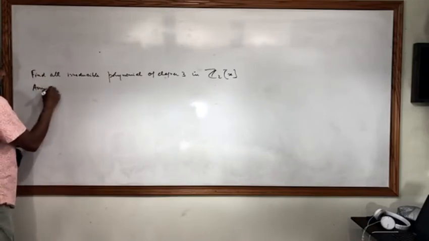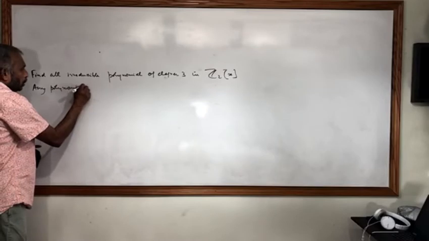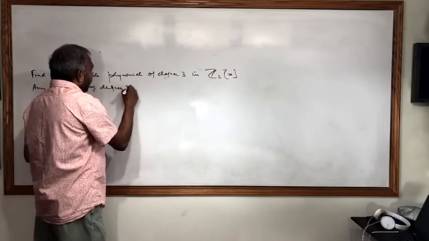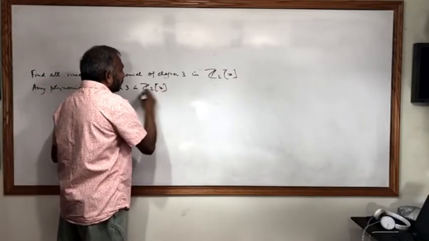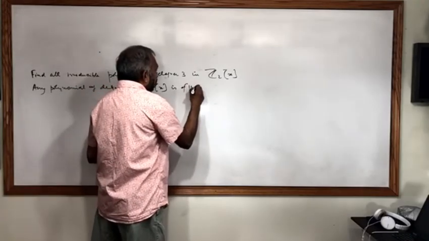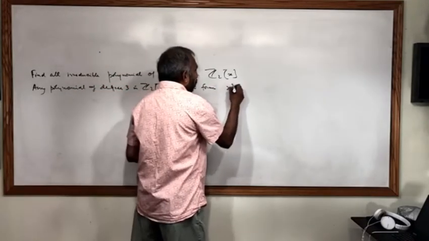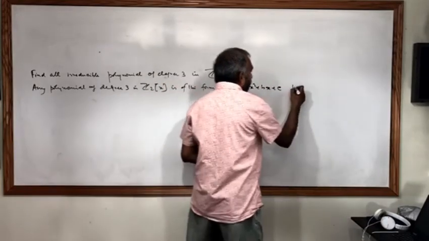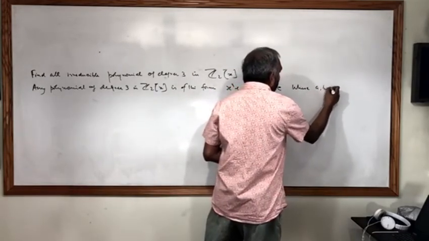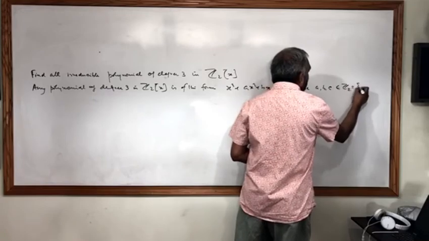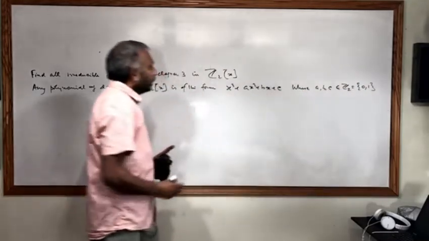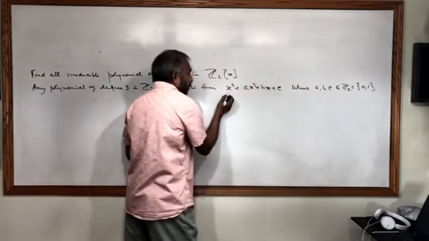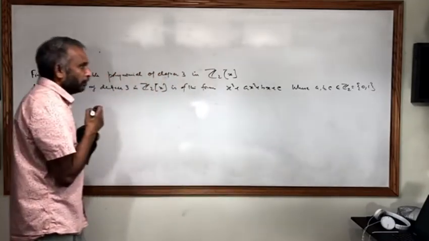Any polynomial of degree 3 in Z2[x] is of the form x cubed plus ax squared plus bx plus c, where a, b, c belong to Z2, which is nothing but 0 and 1. The coefficient of x cubed has to be 1. It cannot be 0. If it is 0, then this won't be a polynomial of degree 3.